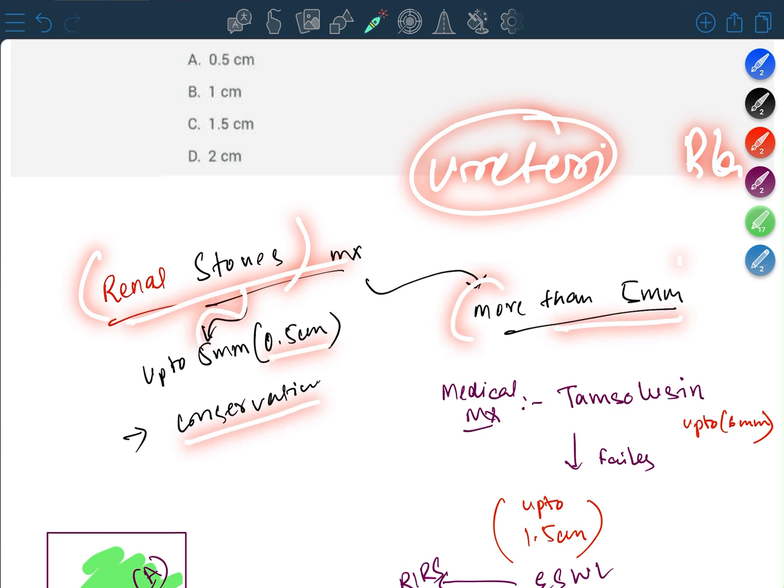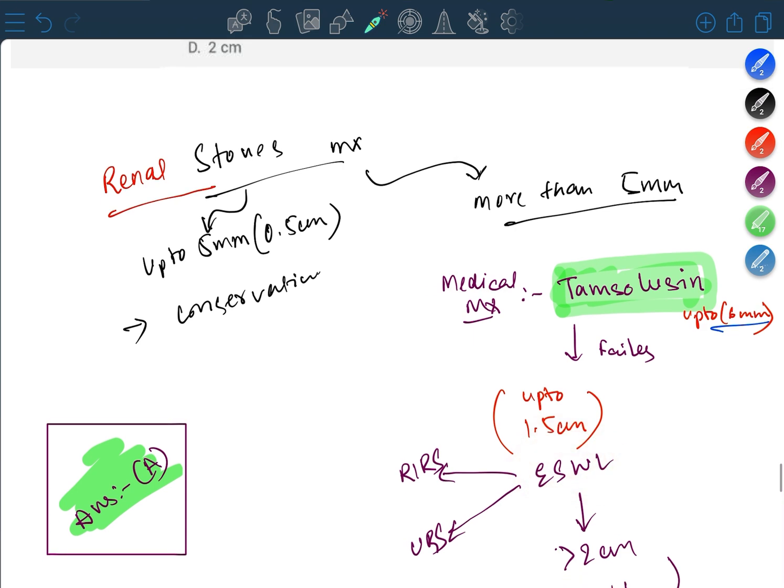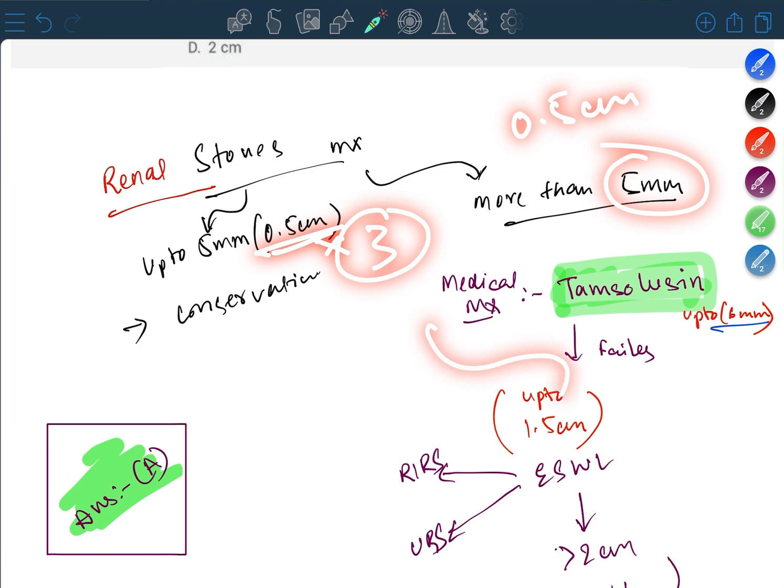If it is more than 5 mm, then we give a medicine, tamsulosin, up to 6 millimeters. And if tamsulosin fails, then we move on to ESWL, shockwave therapy, applicable up to 1.5 centimeter, up to 3 times.